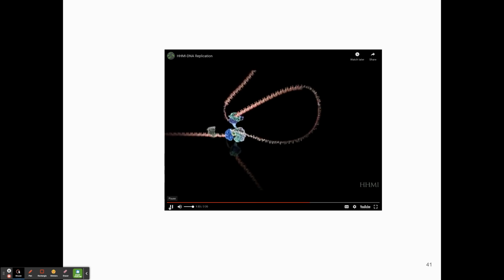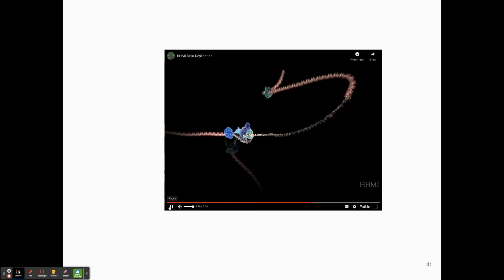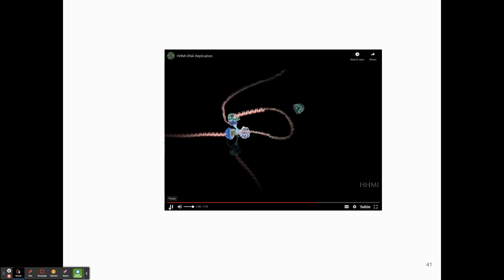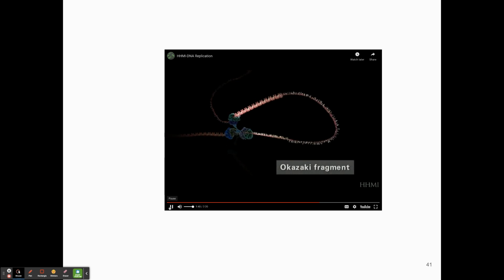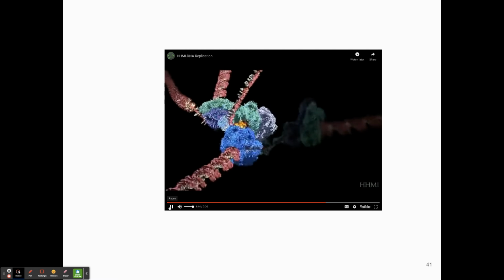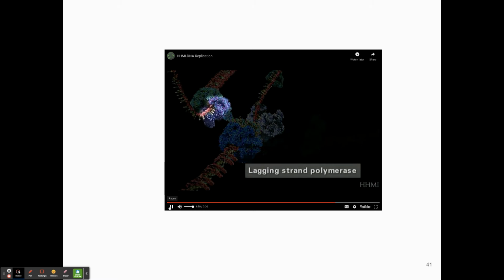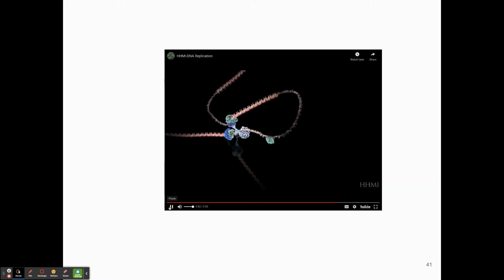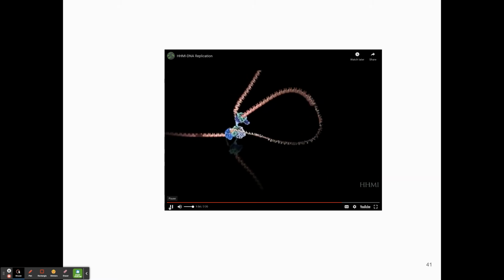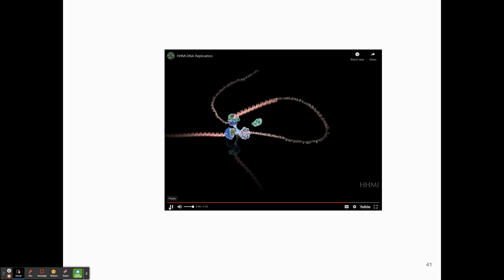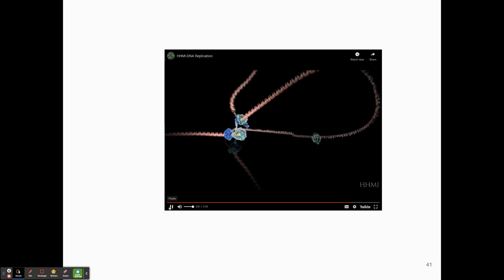As it emerges from the helicase, the lagging strand is organized into sections called Okazaki fragments. These are then presented to a second DNA polymerase enzyme in the preferred 5' to 3' orientation. These sections are then effectively synthesized backwards. When the copying is complete, the finished section is released and the next loop is drawn back for replication.